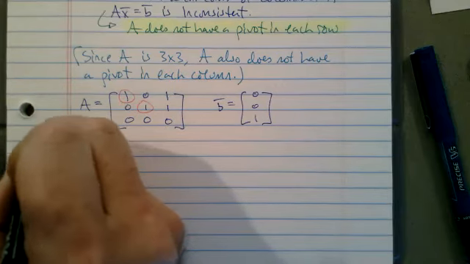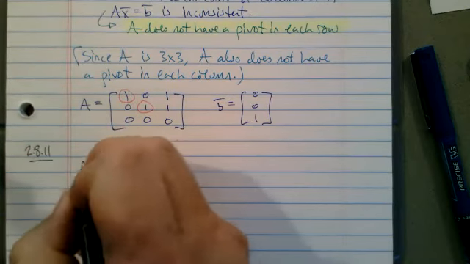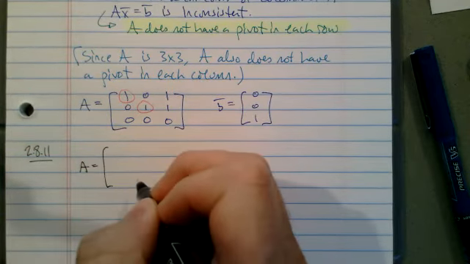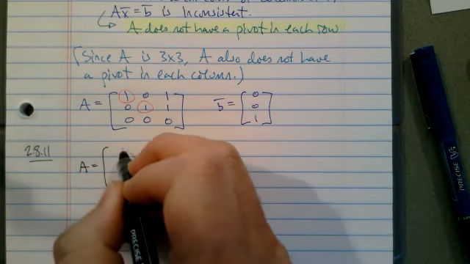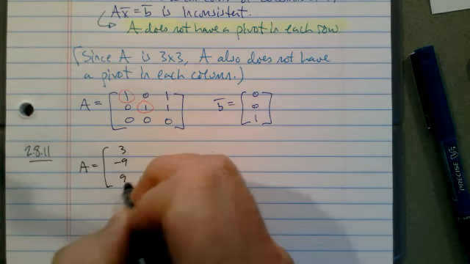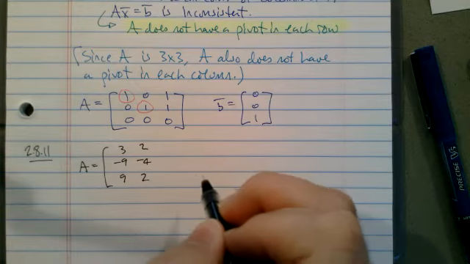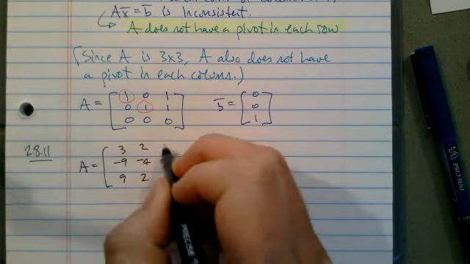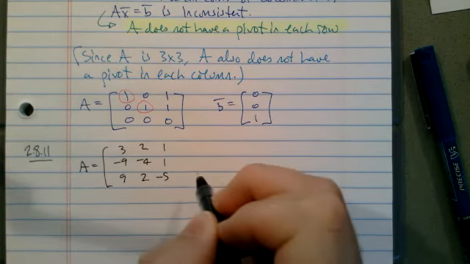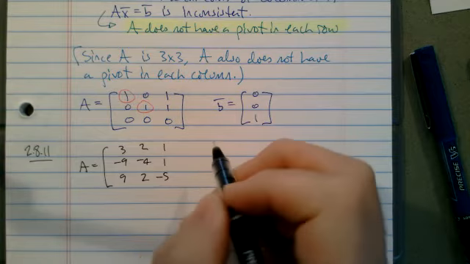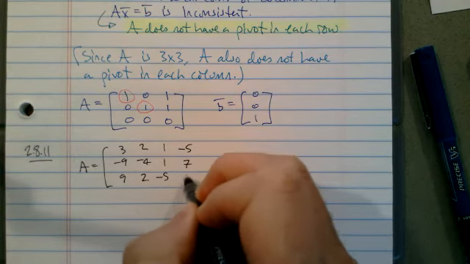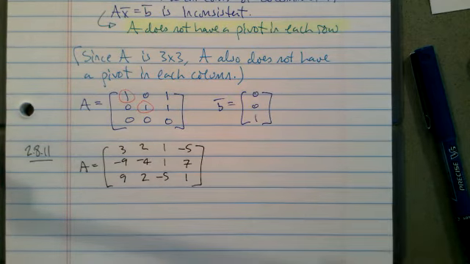So 2.8.11, A is this 3 by 4 matrix: 3, -9, -3, -9, 9, 2, -4, 2, 1, 1, -5, -5, 7, 1. And we want to find, 14 refers to 12. Dang.